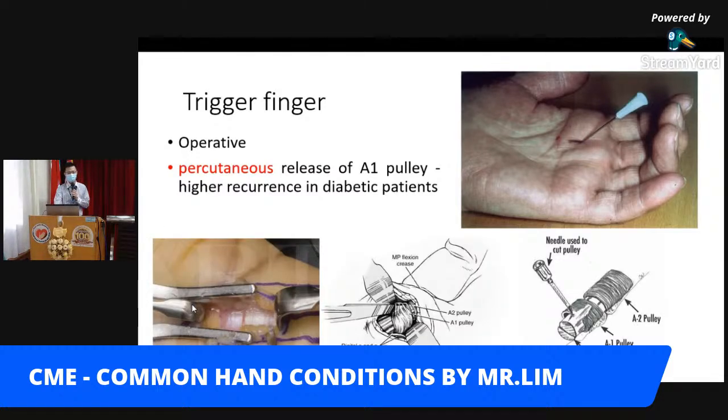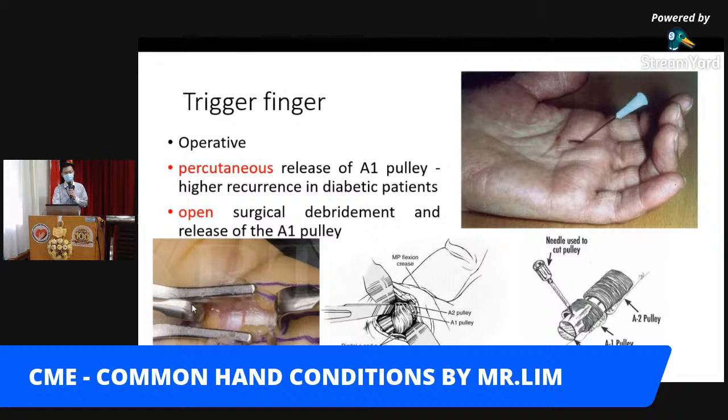Next is open release. Open release of the A1 pulley is done under LA as well, usually. And in the picture at the left lower corner, you can see an open surgical site. And the white colored structure, the fibers you can see oriented transversely, those are the fibers of the A1 pulley.